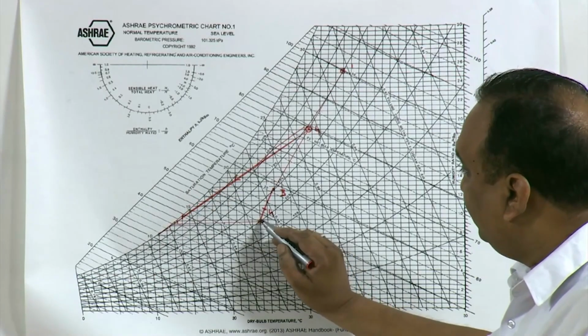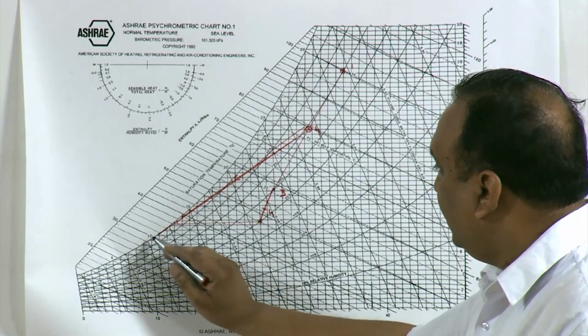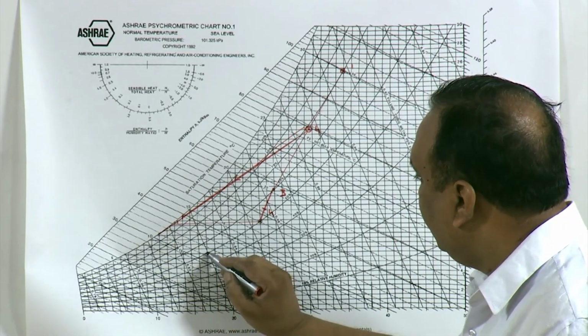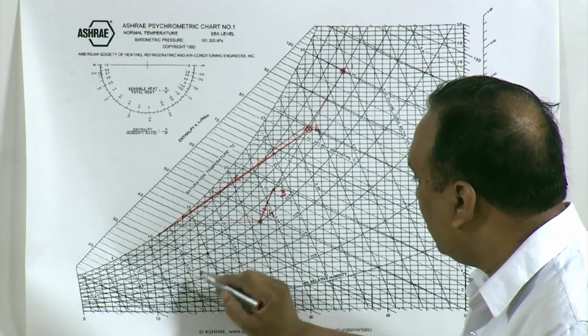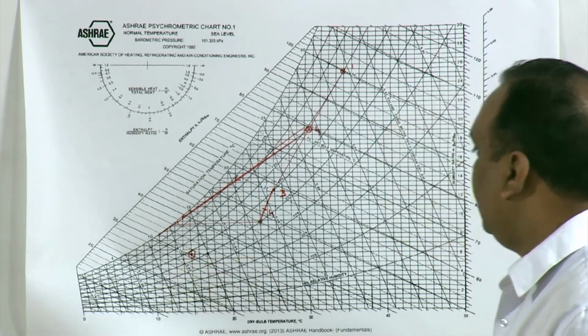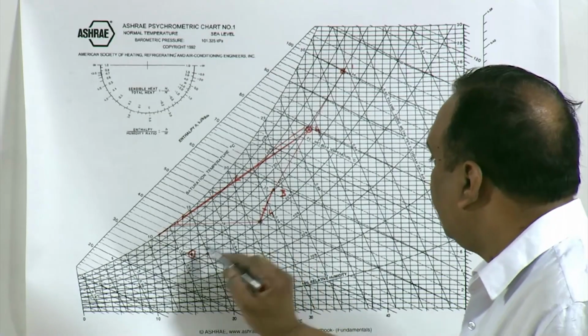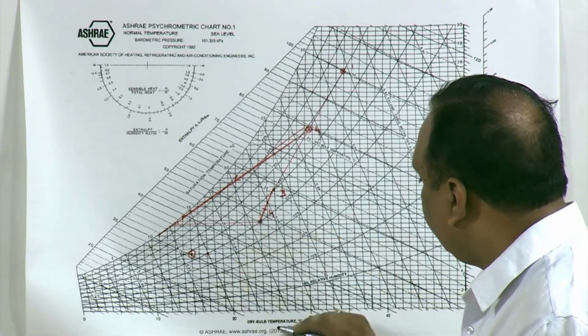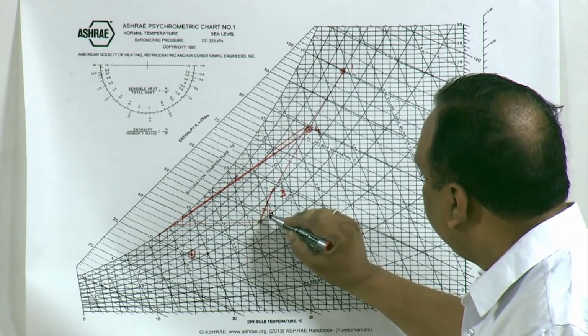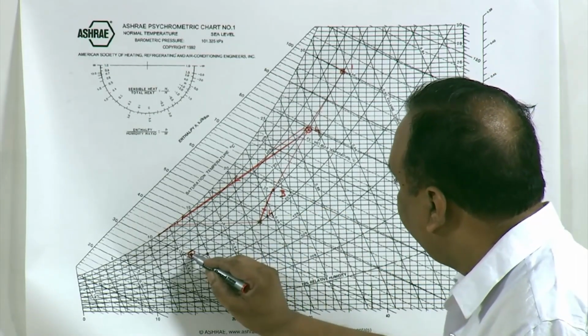The room will have some sensible load and latent load, so we can take 15 degrees centigrade supply temperature, and then return air may be at 25 degrees centigrade and 50% relative humidity, and this is the load line.